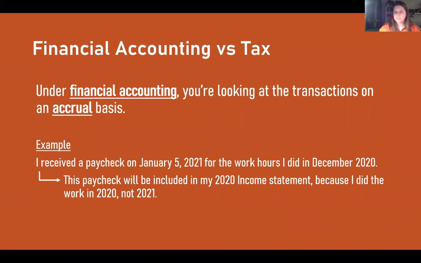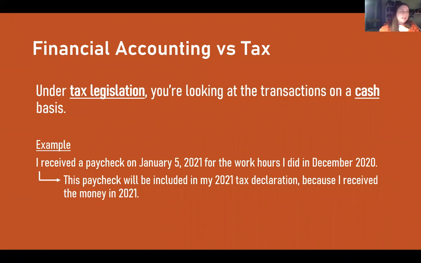It's the matching principle. For tax, you're looking at the transaction on a cash basis. So for the same paycheck, since you received the cash in 2021, the tax law wants you to add it to your income for 2021, not in 2020.